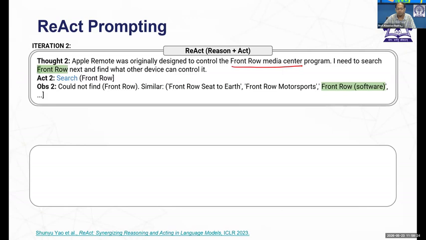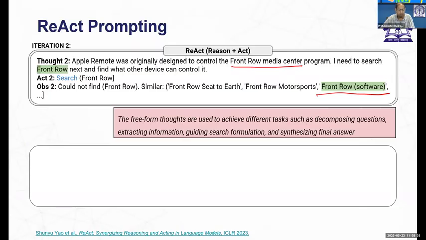Similar other things that the browser is suggesting: Front Row Seat to Earth, Front Row Motorsports, Front Row Software, those things it is suggesting. Now out of these observations, it is mapping to Front Row Software because this is related to the software activity. So the free-form thoughts are used to achieve different tasks such as decomposing questions, extracting information, guiding search formulation, and synthesizing the final answer.